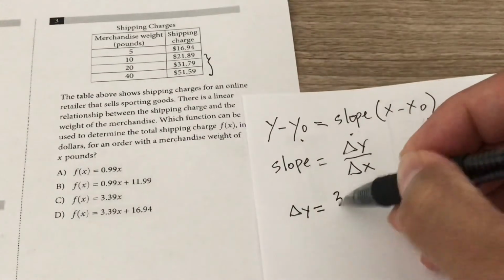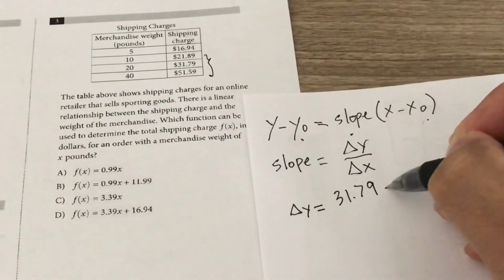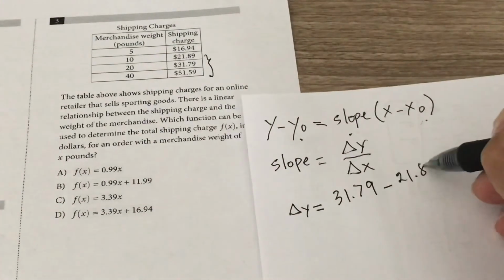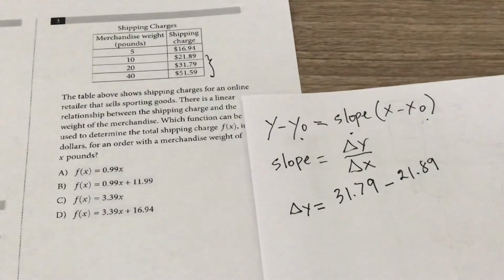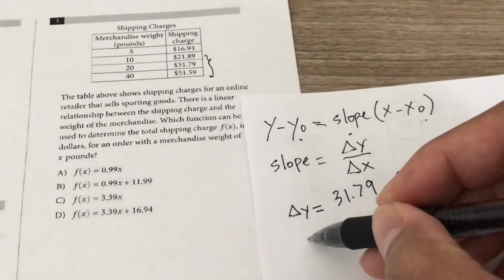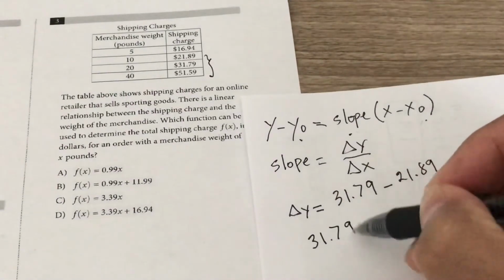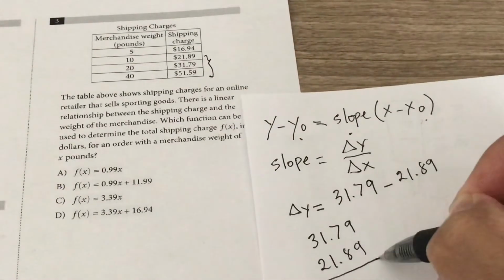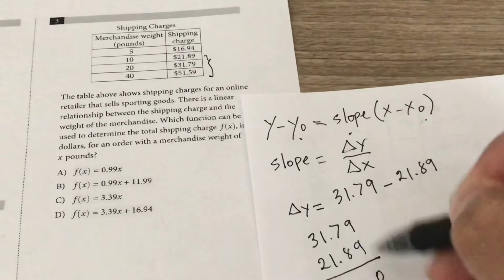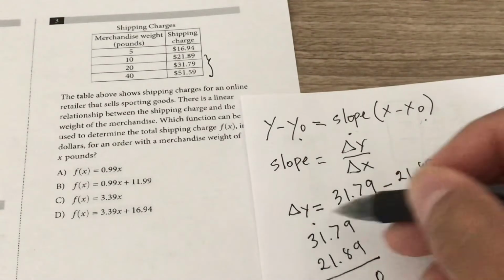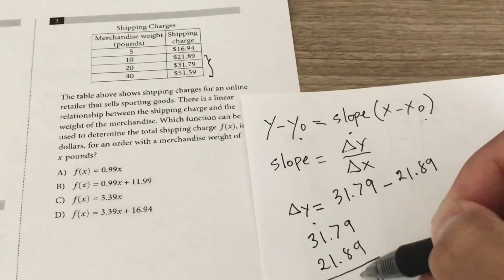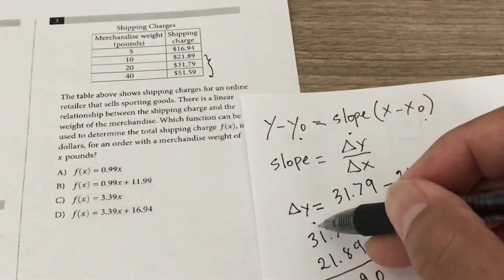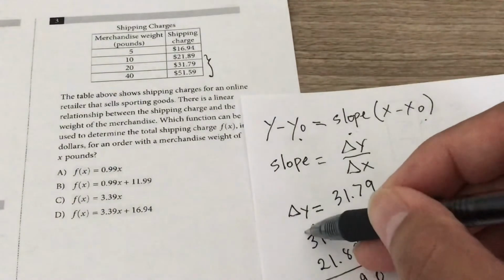So my delta y will be 31.79 minus 21.89. Okay, so I line them up. 9 minus 9 is 0. 7 minus 8, you need to borrow 1. So that's 9. 1 minus 2, you need to borrow 1 over here.